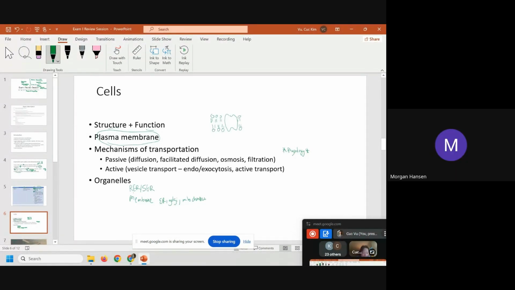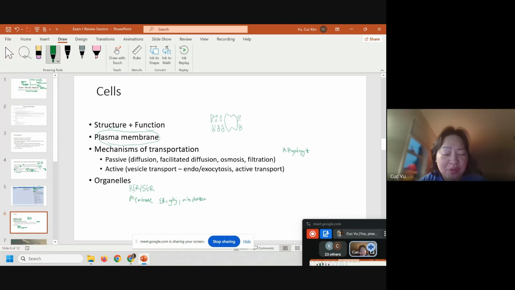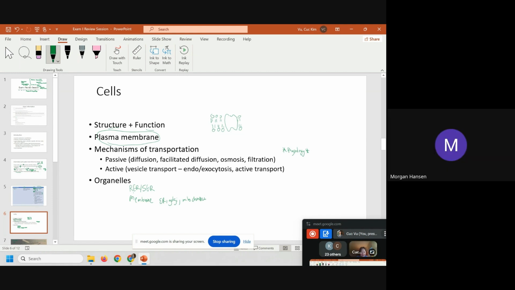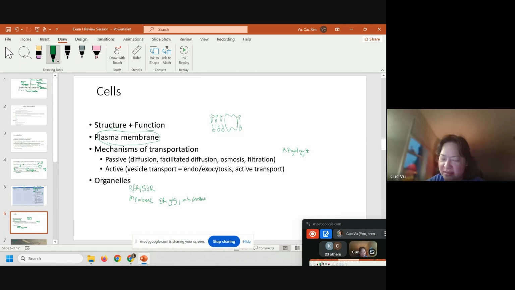The cisternae? You did not pronounce it wrong. You're absolutely right. It is the cisternae. Perfect. Okay, how about the Golgi? I think it's the same one, the cisternae. It is the same one. And that leaves the mitochondria.